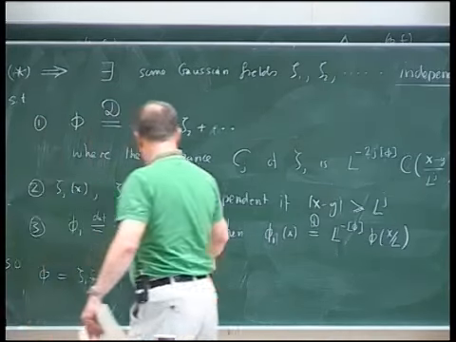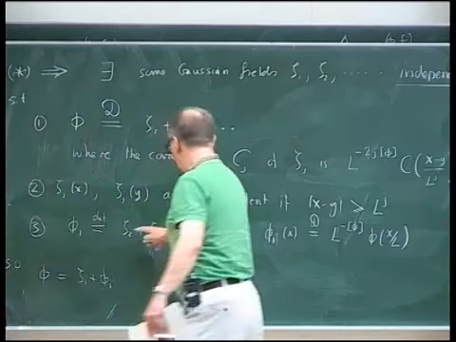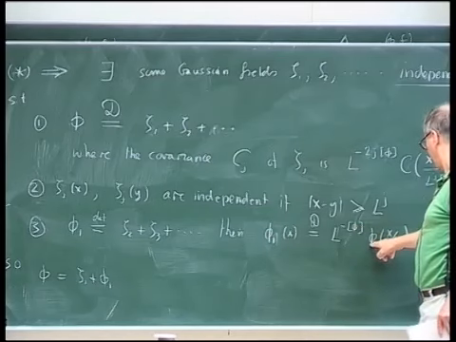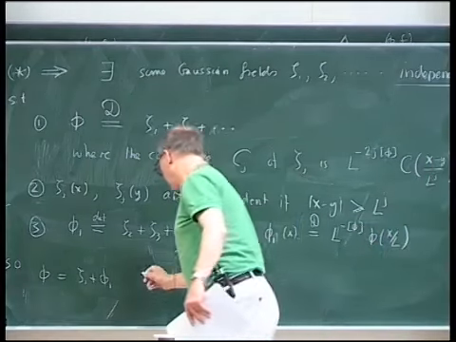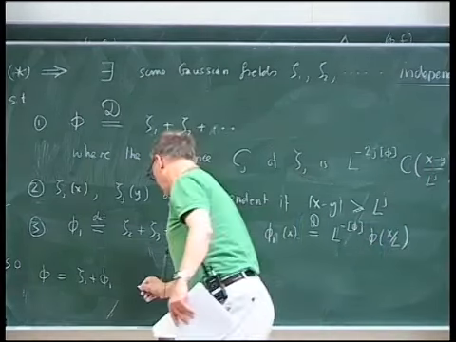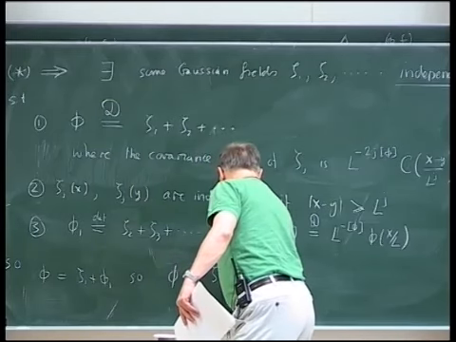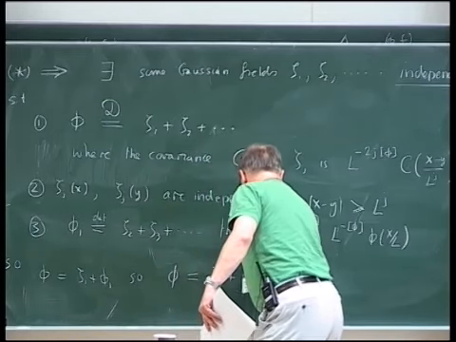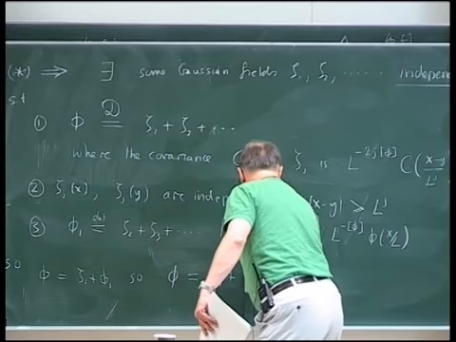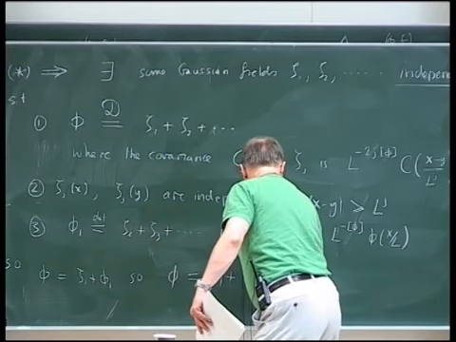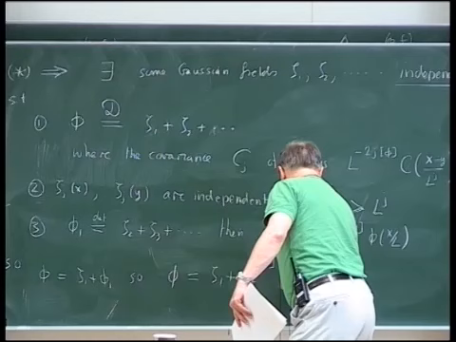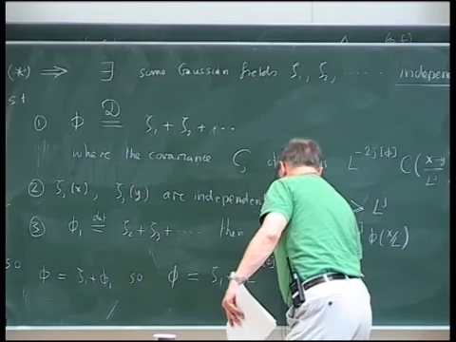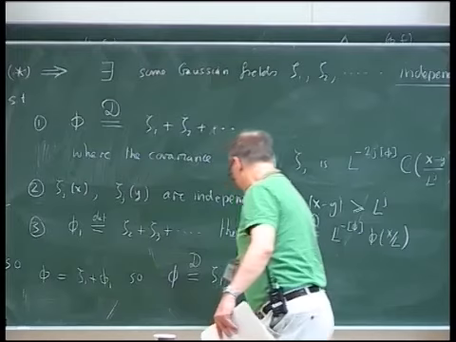But if you grant me this last statement, that phi 1 in distribution has the same law as phi just scaled, then phi is equal to zeta 1 plus L to the minus phi of x over L, but you have to say this in distribution.